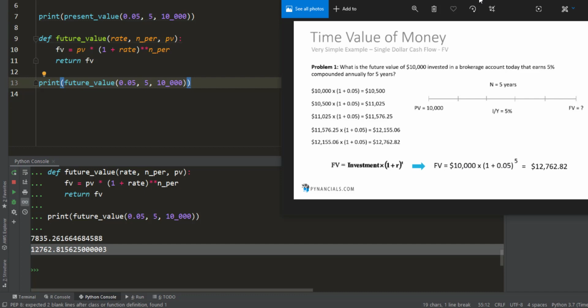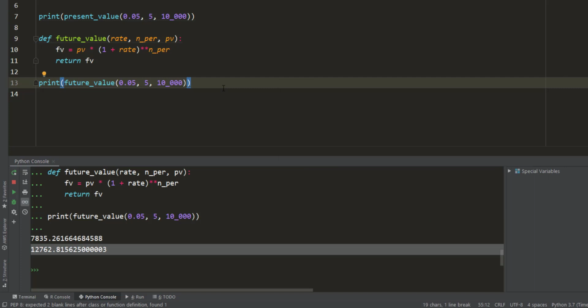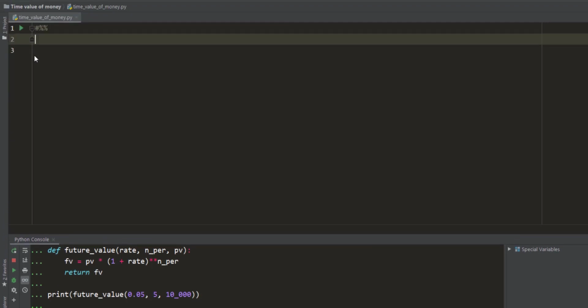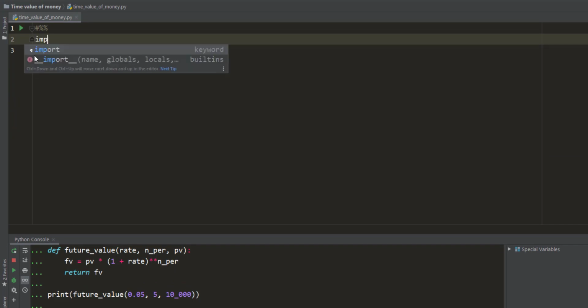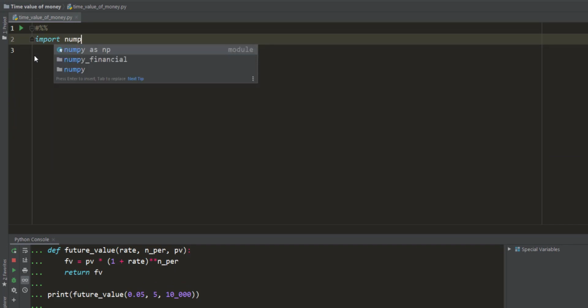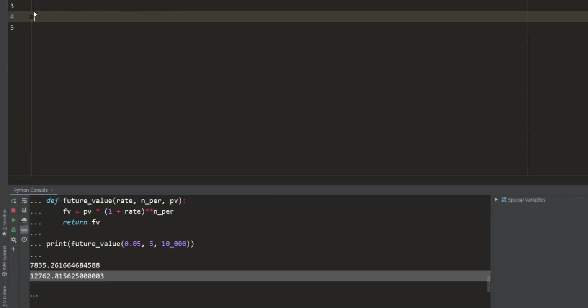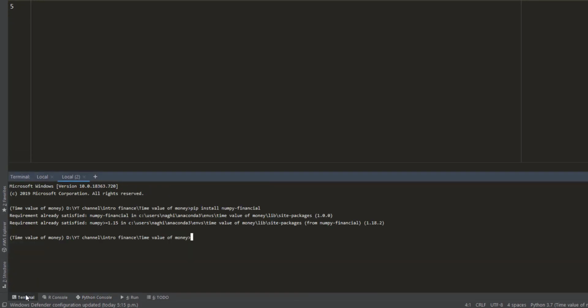And that's how easy we can calculate using functions in Python. But this is not a practical way to do that, because these are very simple questions, and in the real world normally these questions won't exist. So what I suggest you do is to use this module called NumPy-financial. So we do import numpy_financial as npf, and if you don't have it, it's easy.